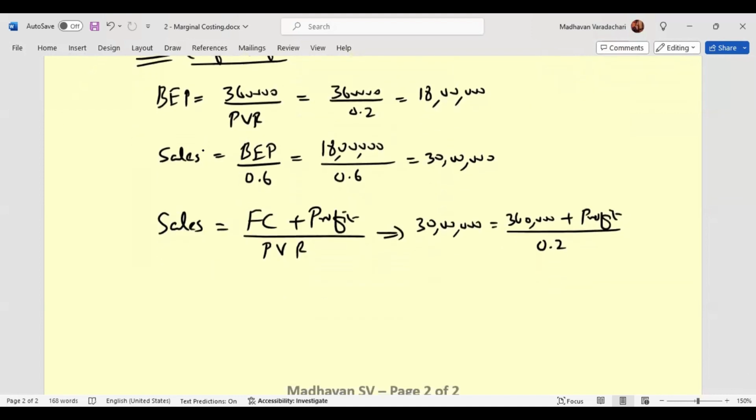That means our profit will be 30 lakhs into 0.2 minus 3,60,000. If we calculate that, we will get the profit as rupees 2,40,000.